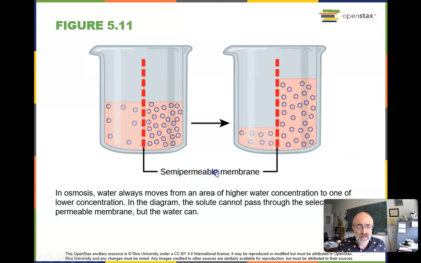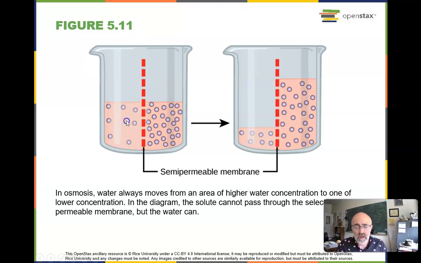Permeable means things can move through, but not everything can. It's only semi-permeable. In this case, the water can move through, the solvent can move through, but the solute, these molecules that are dissolved in the water, are too big, too charged, too nonpolar. They just will not move through this membrane.